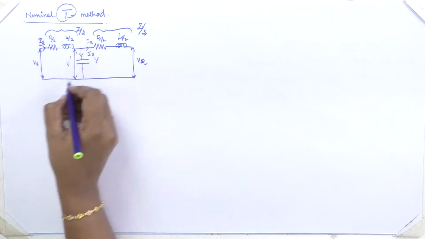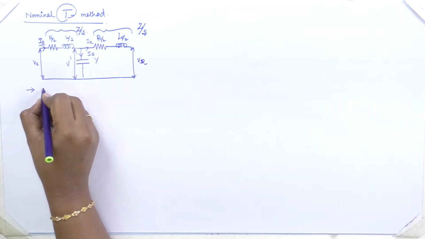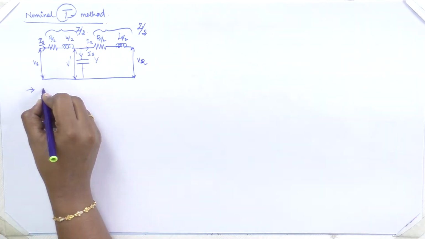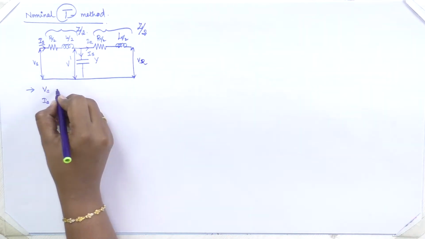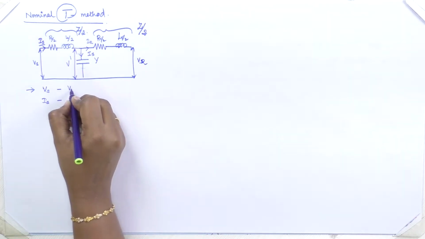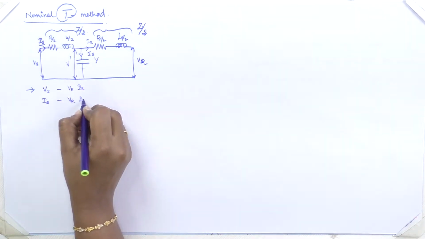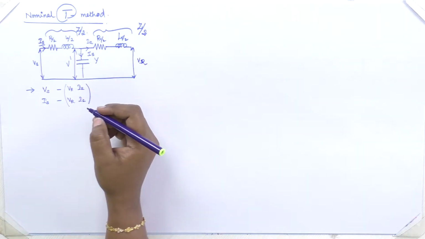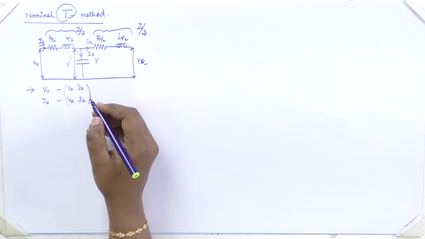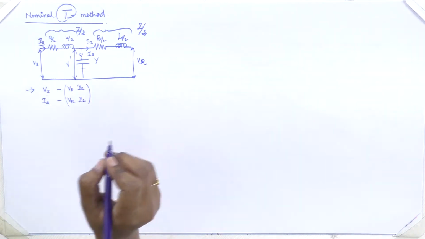From this, by using KVL, what we have to find is Vs and Is in terms of VR and IR. This is our ultimate path to find the ABCD parameters.